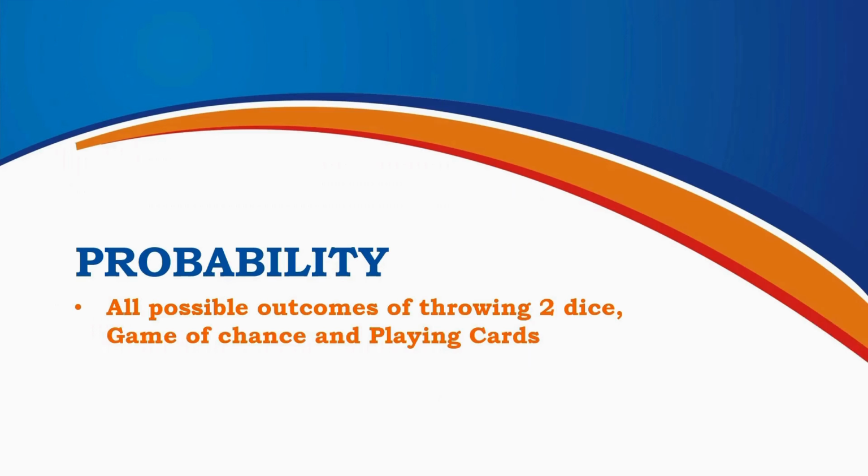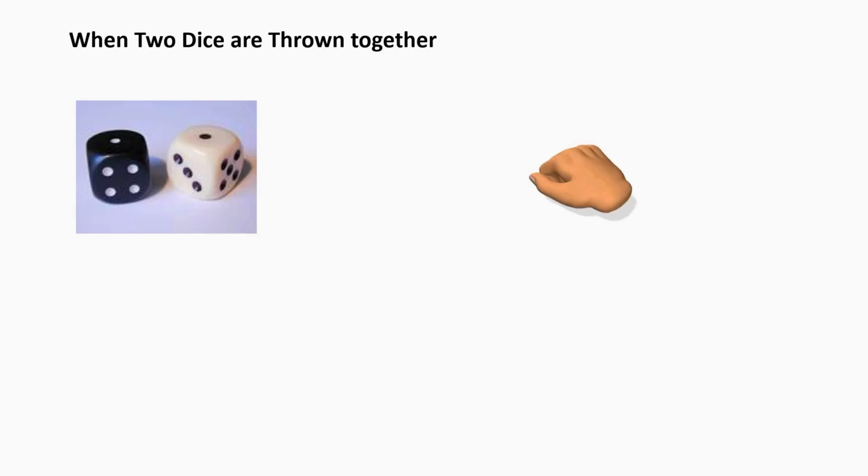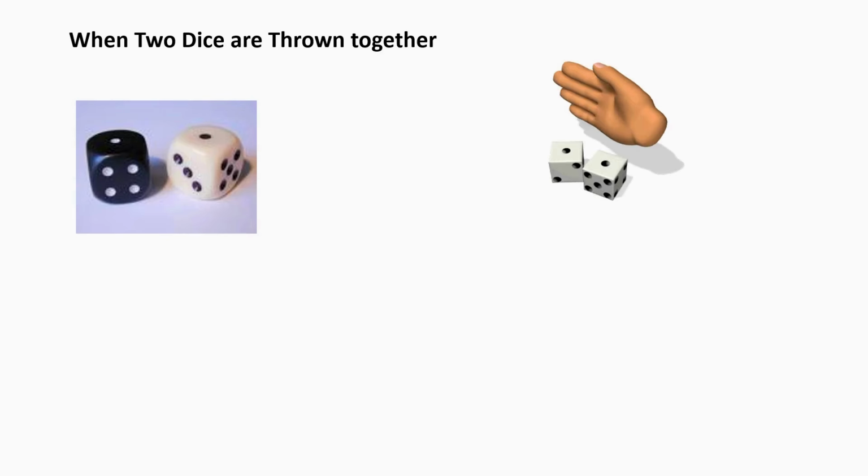Now, we will discuss all possible outcomes of throwing 2 dice, a game of chance, and playing cards. When 2 dice are thrown together, how many numbers are there on a die? 6 numbers, right?